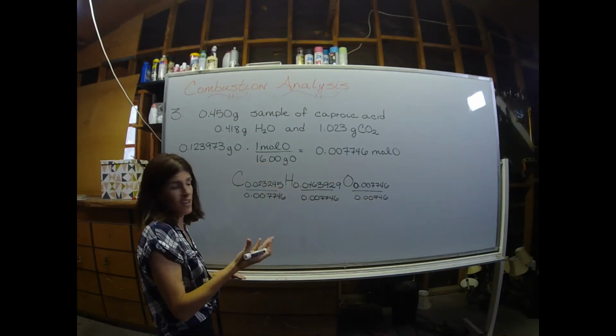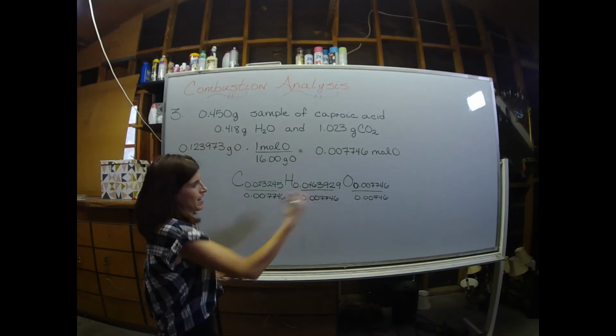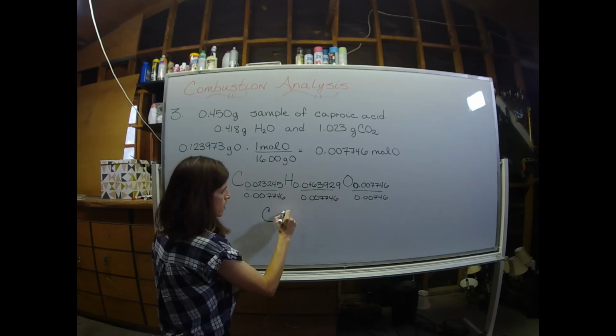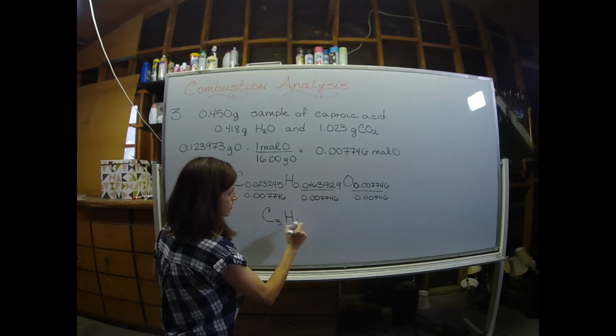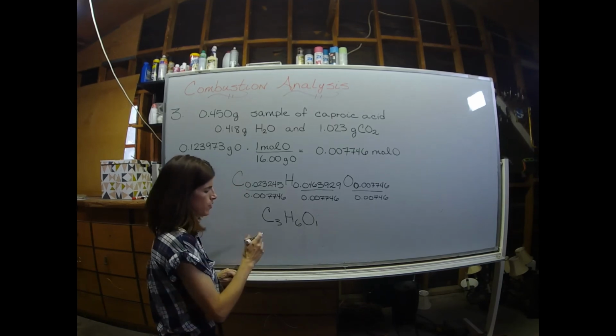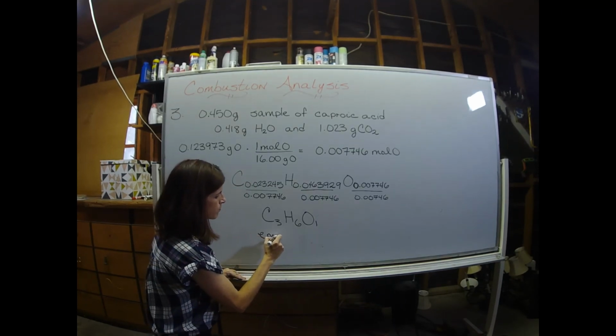That, for the first time today, gives us some nice even values. We get carbon with a 3, hydrogen with a 6, and oxygen with a 1. This is our empirical formula.